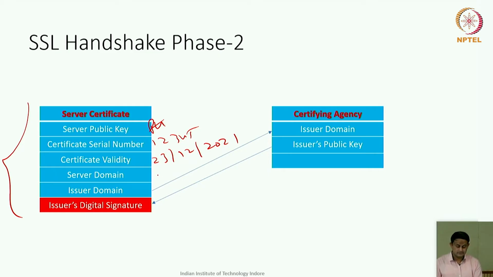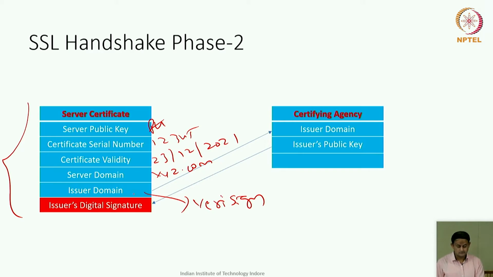And what is the domain? So maybe it is xyz.com. So this certificate is issued to the xyz.com domain or google.com domain or any other iita.ac.in domain. And then the next component is the issuer domain, the certifying agency's domain. This might be a popularly used one, might be VeriSign.